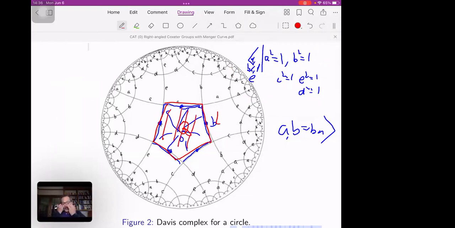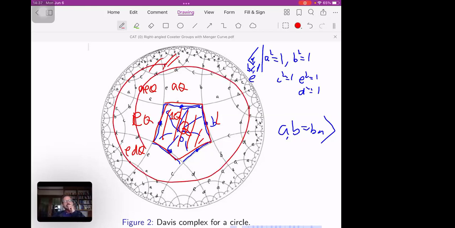You can imagine this is our chamber, and we call this one cube. And then you glue AK, AEK, EK, EDK, etc. Then you glue all of the chambers. So the whole thing is the Davis complex for a circle.